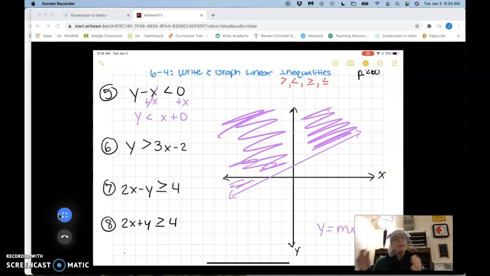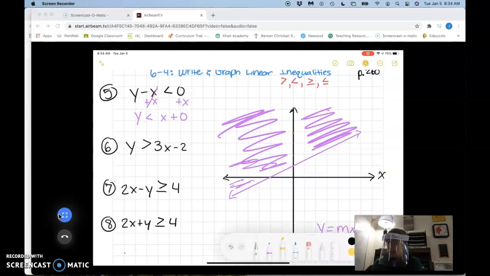Remember, I want it to be mx plus b, so I'm putting my x first, and then whatever my number is. And it's a 0, so you don't actually have to write it, but I am because it helps me remember what I have to graph. So now I have to tell whether the solution is above or below the line when I graph it. There's a very easy way to tell.